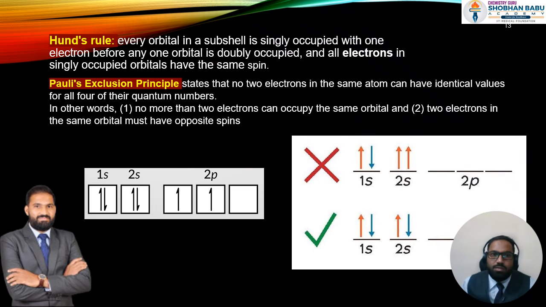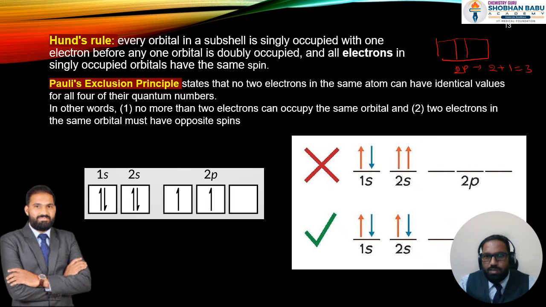Then Hund's rule is also there. This rule says that when more than one suborbital is present, for example in the p orbital there are three suborbitals, all of them, taking 2p as an example, have the same n plus L value.